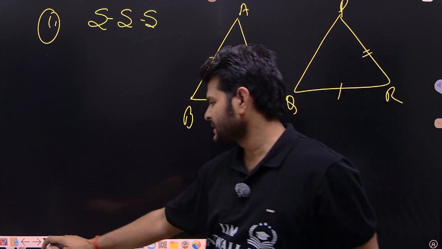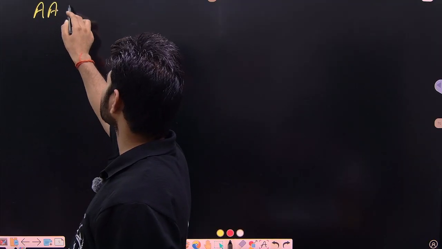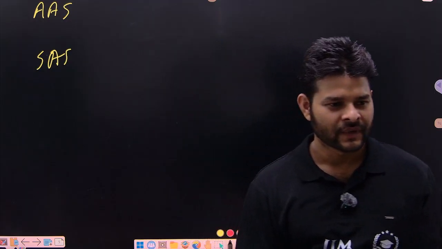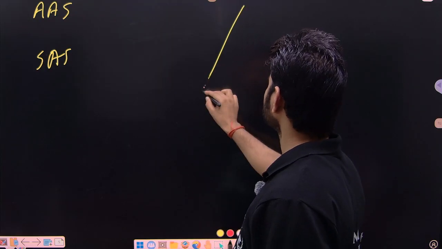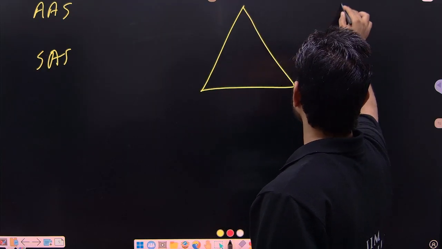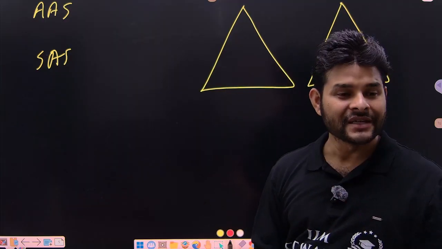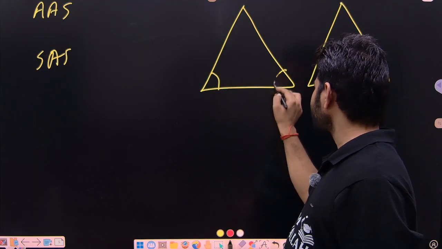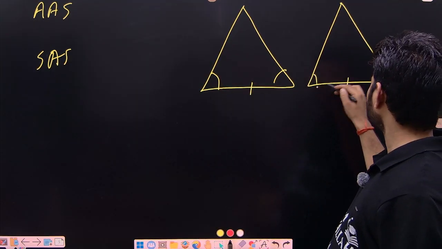The second is ASA or SAS. Basically, you can memorize ASA or SAS. ASA means angle, side, angle, meaning two angles on the same side.